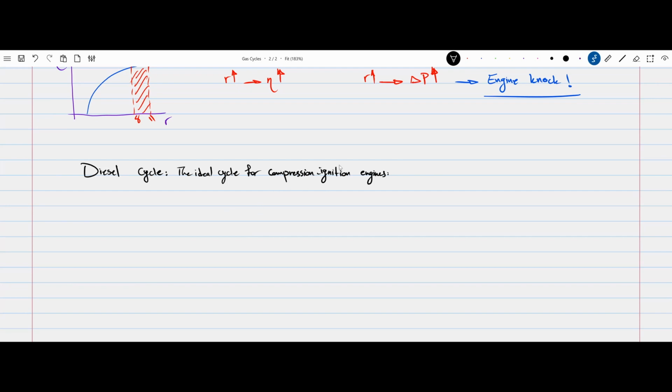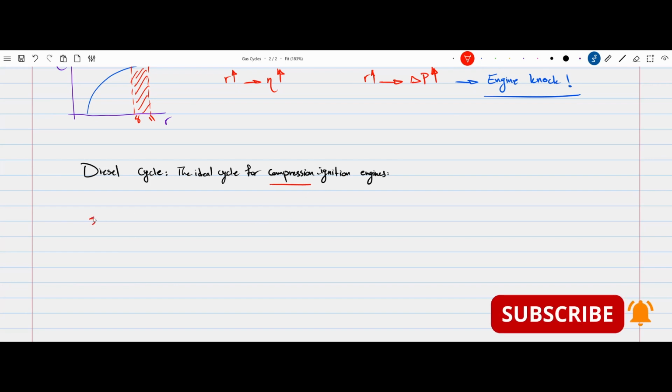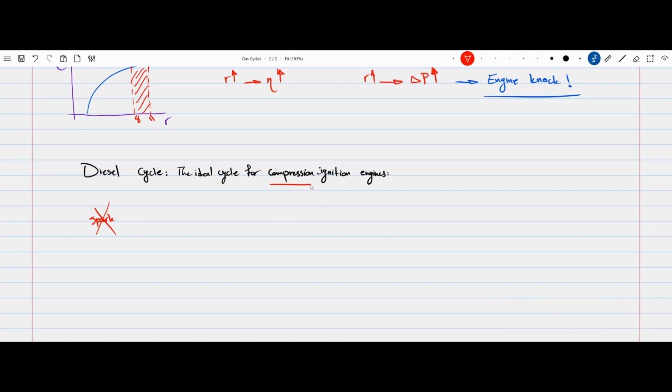The reason is, unlike the Otto cycle, we are not relying on a spark anymore. So there is no spark. We are relying on the ability of air and fuel mixture to start the ignition automatically at high temperatures and pressures. We are going to rely on that.